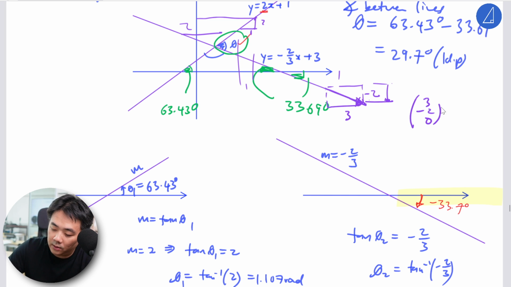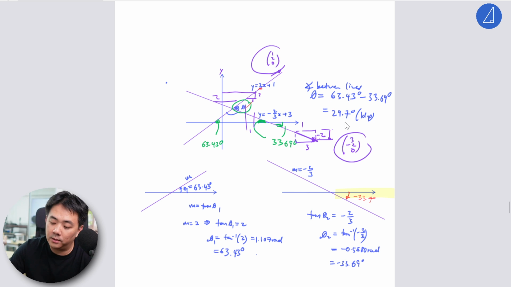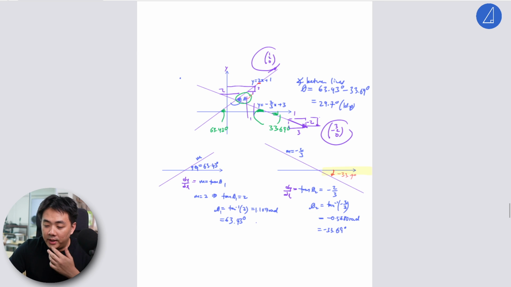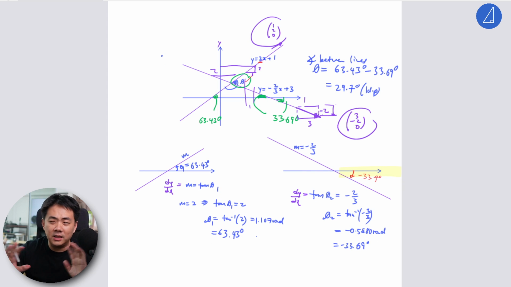Then you just take the dot product of the two to find the angle between the two lines. But still remember m equals tan theta, m equals tan theta equals dy/dx. So these are essentially the comprehensive formulas that you need to know. I think these are the major ones.